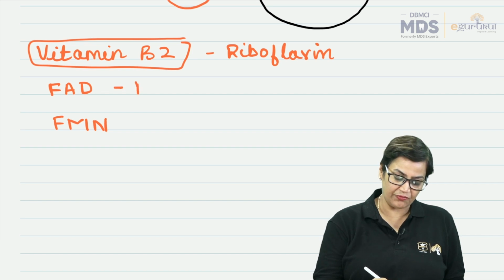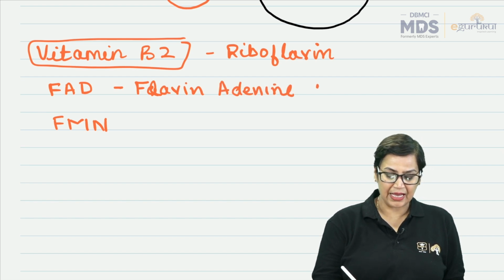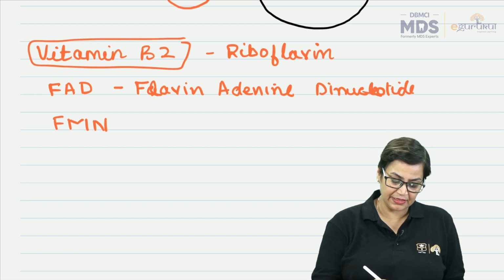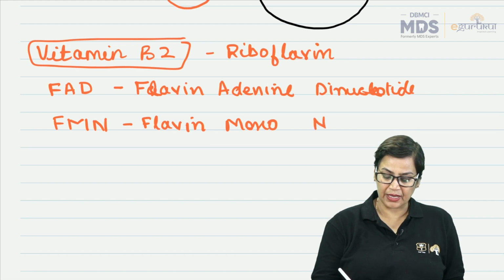FAD stands for flavin adenine dinucleotide, and FMN stands for flavin mononucleotide.